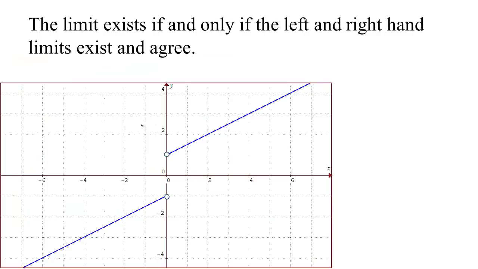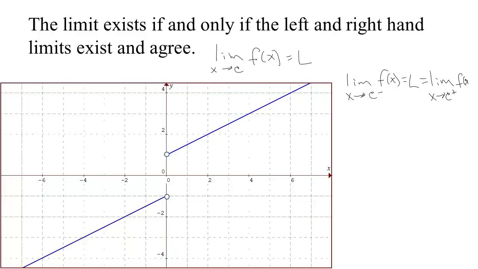The limit is going to exist if and only if the left and right hand limits exist and agree. So in order for the limit as x tends to c of f of x to be equal to L, you're going to have the left hand limit, the limit as you come to c from the low side, that would have to equal L, and so would the limit as x tends to c from above.